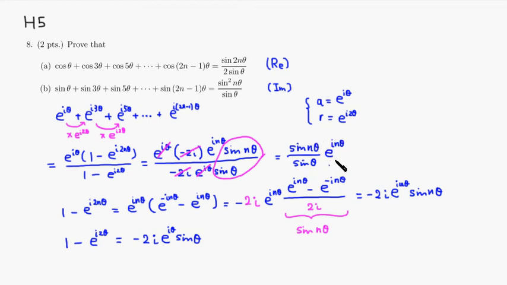So this is the sum of these exponential expressions. What you want to do is find the real part of this to get the sum for part A, and take the imaginary part to find part B. Remember that we can use Euler's formula to split e to the i n theta into cosine of n theta plus i sine of n theta.